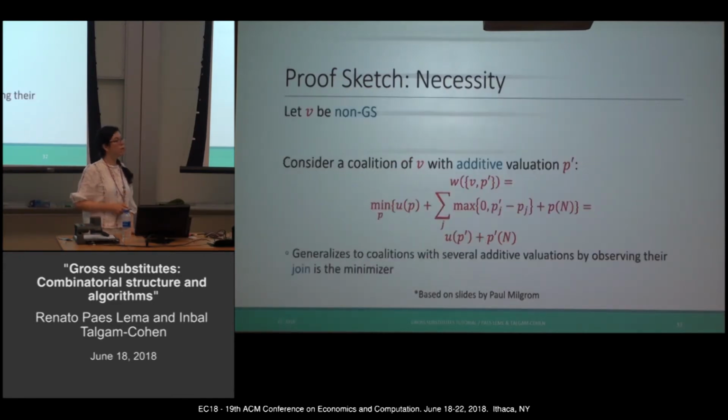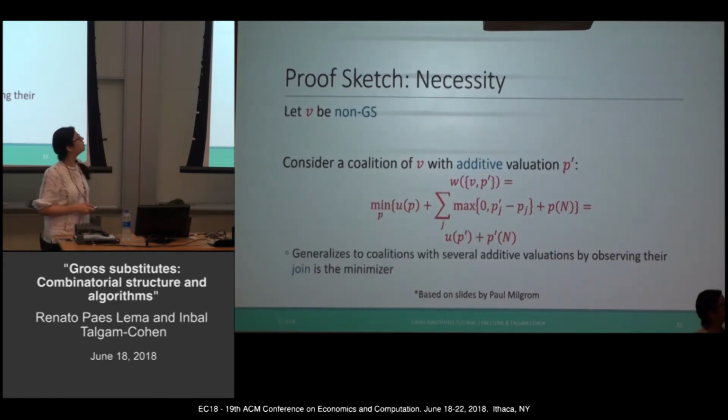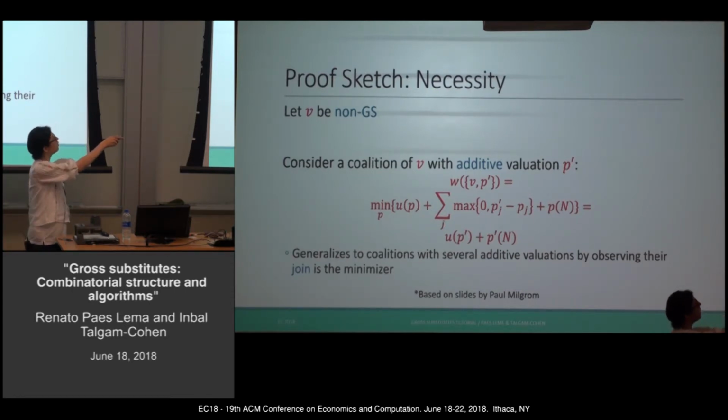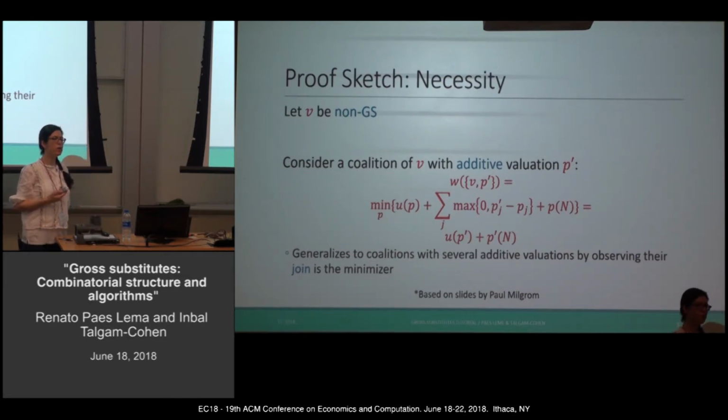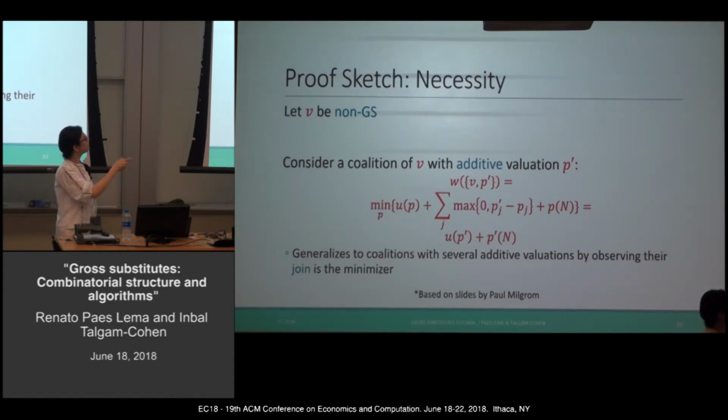Okay, so now I want to quickly show necessity. Here I want to start out with valuations that are non-GS and show you how to build a market for which the coalitional value function is not submodular. Let me show you one fact that we'll need.